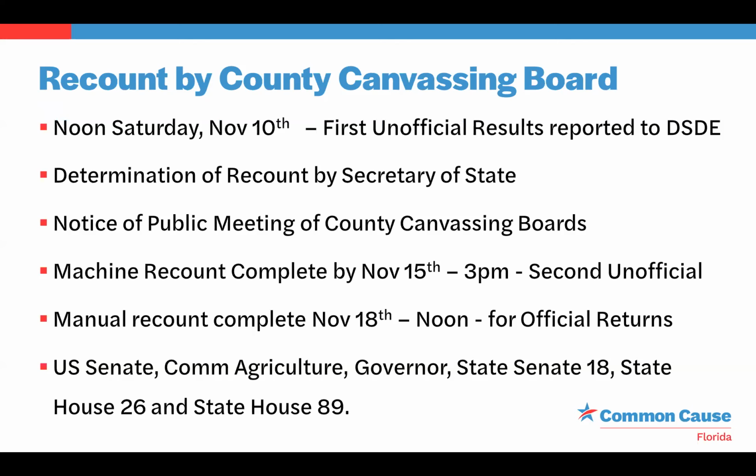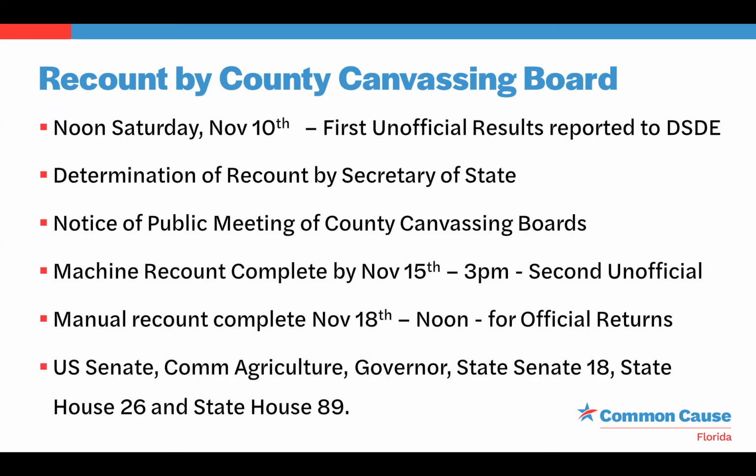That recount was a machine recount and must be completed by Thursday, November 15th at 3 o'clock, and this becomes the second unofficial results of the general election. Then the Secretary of State gets to do math again, and if the difference between two candidates is less than 0.25%, a manual recount is ordered.